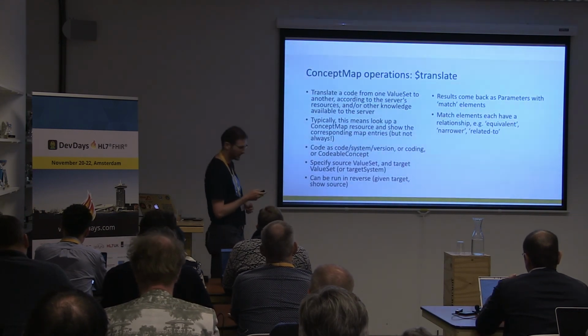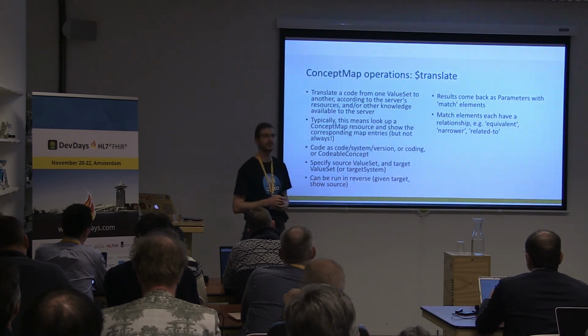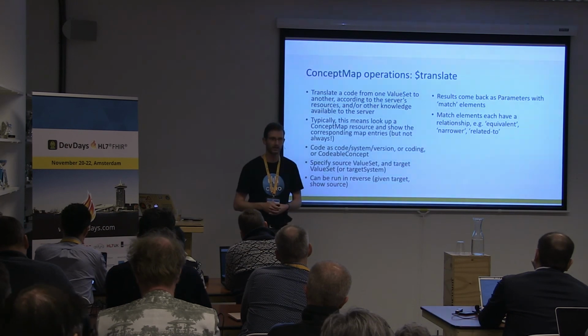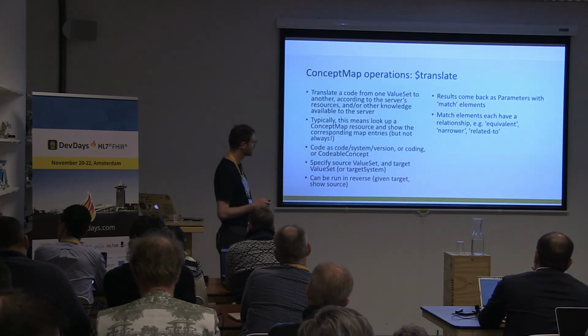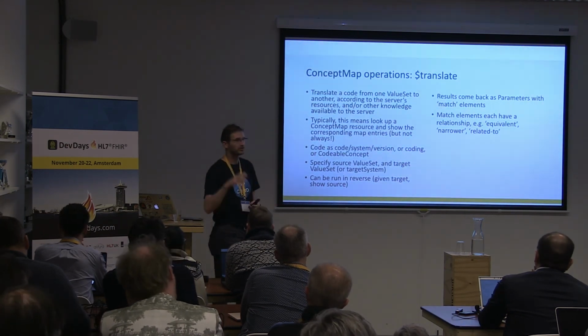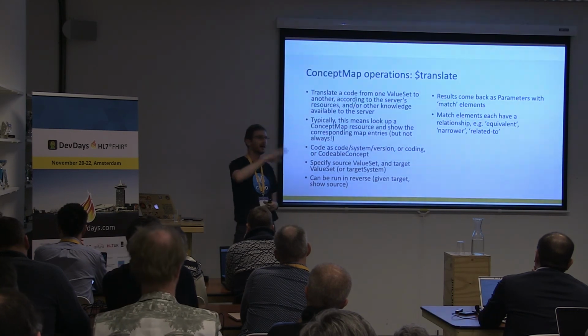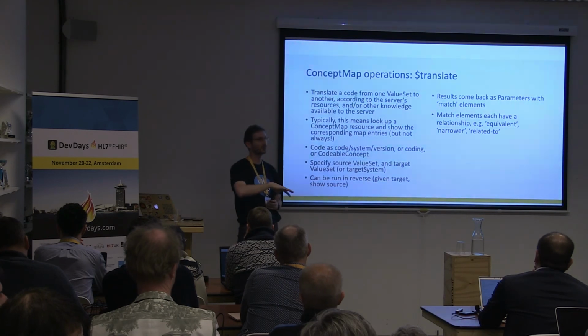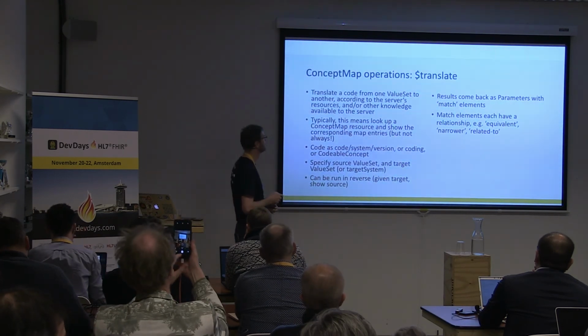So the translate operation takes a concept map that is defined on the server, or maybe implicit on the server. There are some implicit concept maps that are defined for some code systems. And it will attempt to translate a code that you pass in, and it will return the code or codes that is mapped to by that concept map.